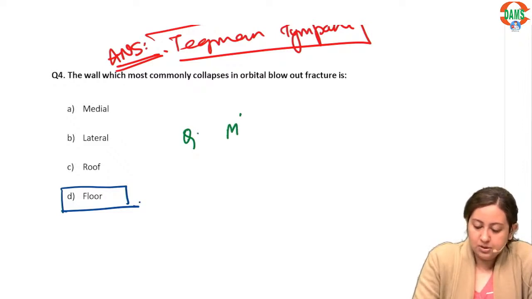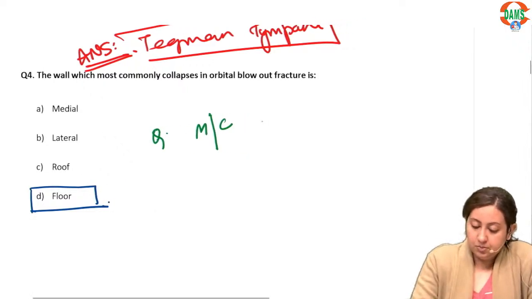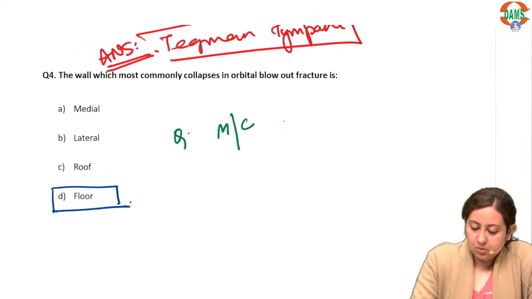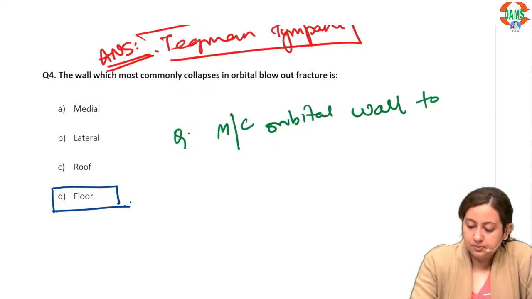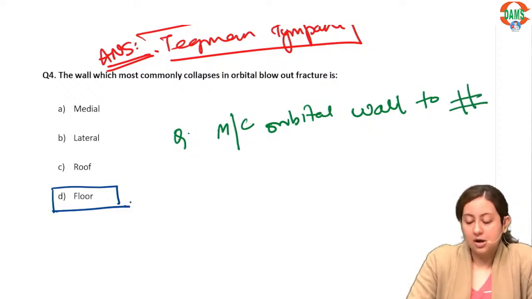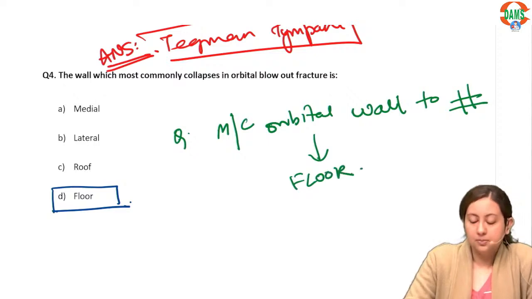Most common orbital wall to fracture is always the floor.